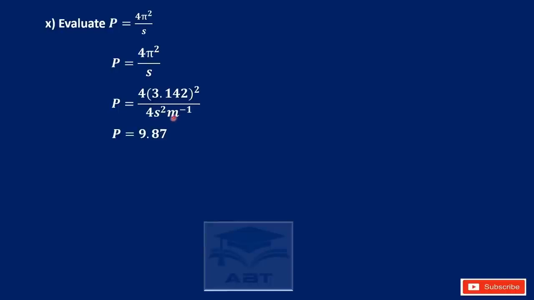And for the units, they are all at the denominator. So the reciprocal of per meters is meters, and the reciprocal of second squared is per second squared. This value represents the acceleration due to gravity on Earth. 9.87 meters per second squared.